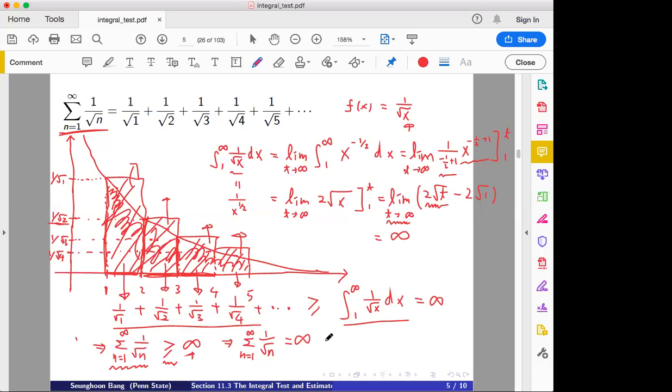This is also infinity. So what does it mean? Divergent.